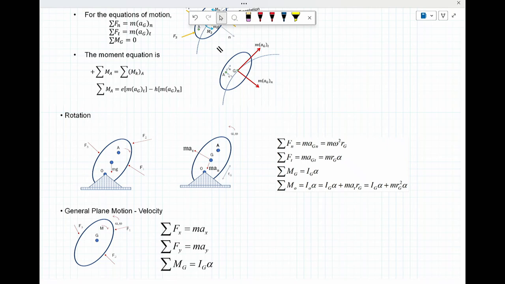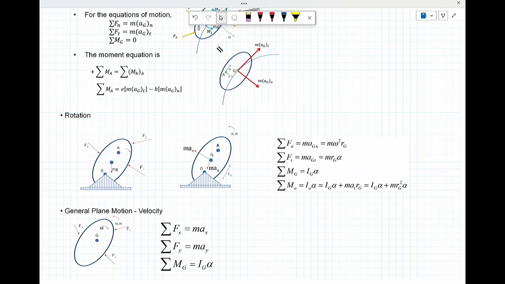Every other point in the body is rotating and translating. Often your goal when setting up these problems is not to make things more complex. Take the simplest motion and see whether you can relate everything else to it. So you could do that with the sum of moments about O, Io alpha, which is Ig alpha plus m r_G squared alpha, which is, by the way, again the parallel axis theorem.